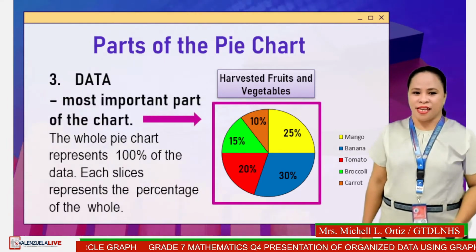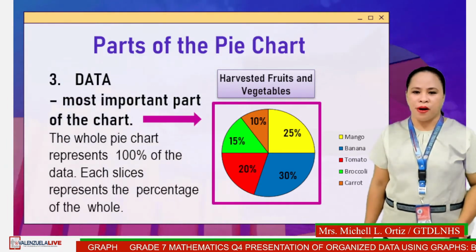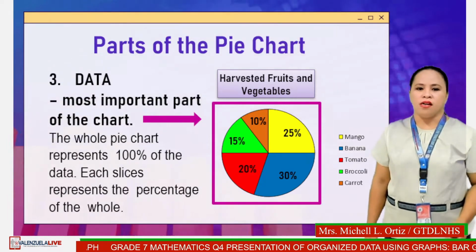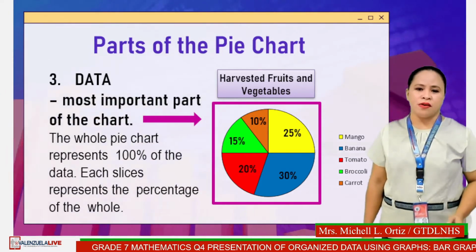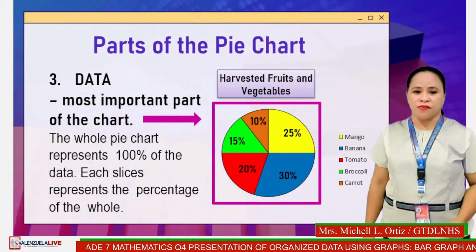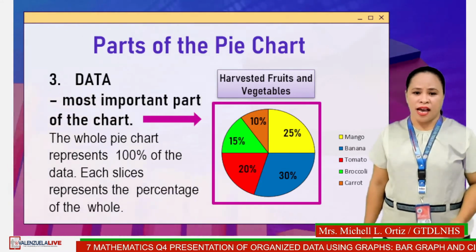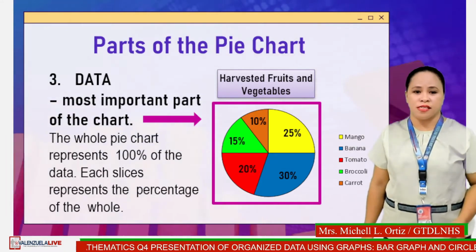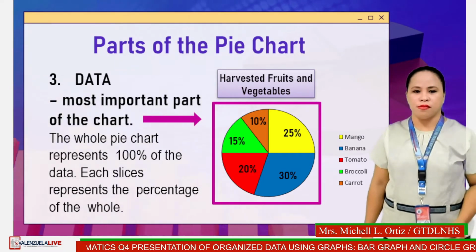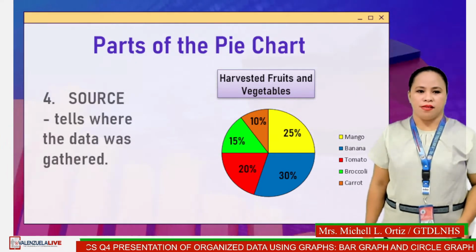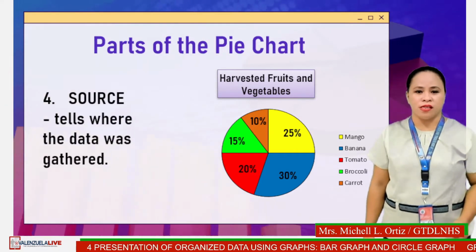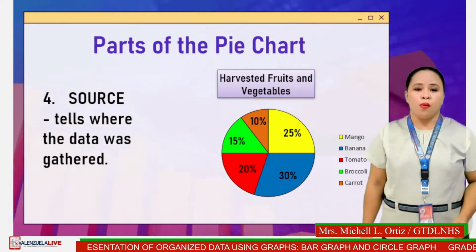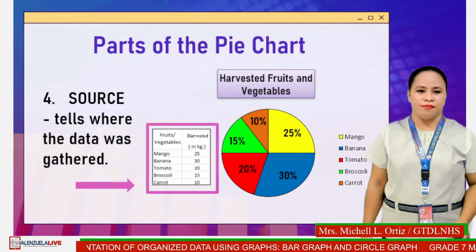Third one is the data, the most important part of the chart. The whole pie chart represents 100% of the data. Each slice represents the percentage of the whole. Last one is the source. This tells us where the data was gathered.